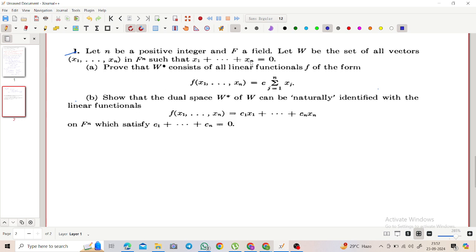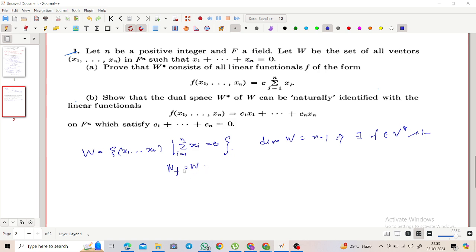Okay, so this is a subspace, I mean W, right? So the dimension of W is n minus 1. This implies there exists f belonging to V star such that the null space of f is W, right?